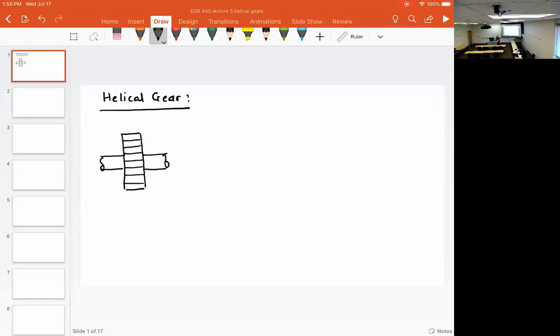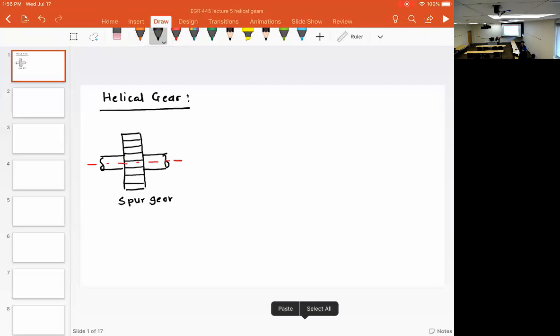This is how the spur gear would look. Now, if you look at the helical gear, instead of the teeth being cut parallel to the center line, the teeth are cut at an angle.